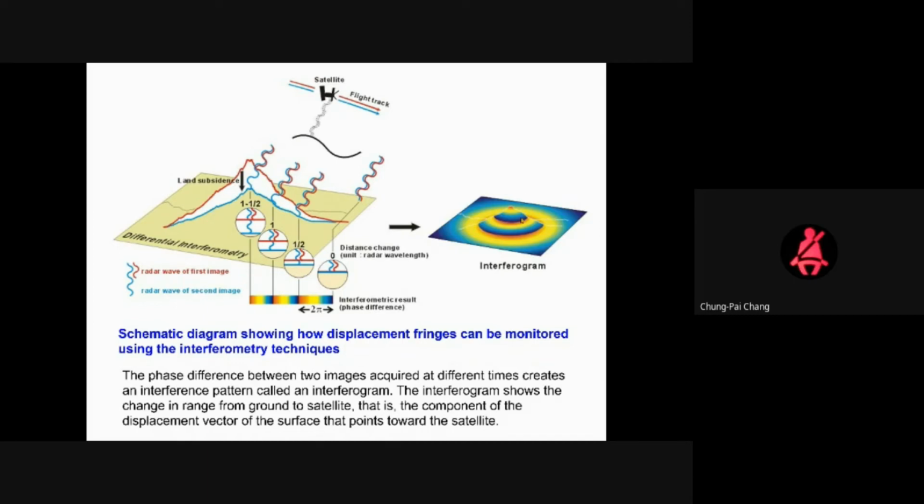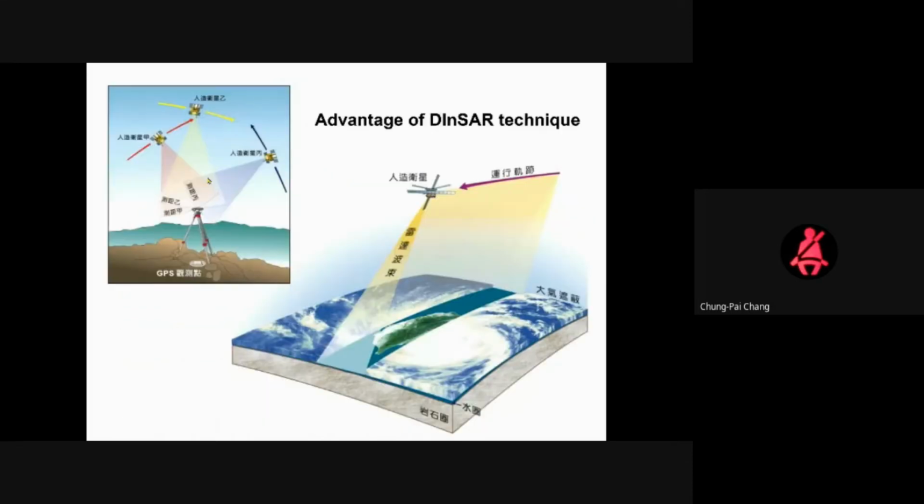So it's a very economic, rapid and efficient, very useful technique for land surface observation. Compared with GPS, you don't need to go there to do the real measurement.